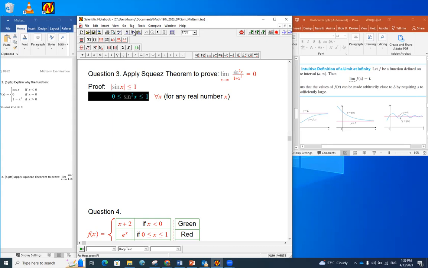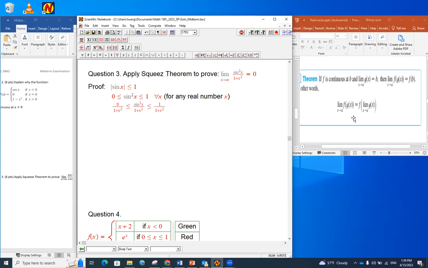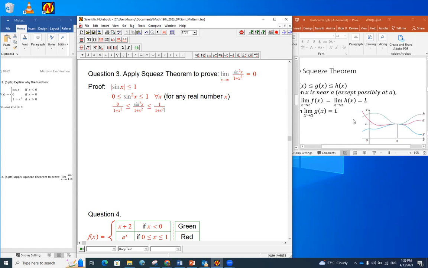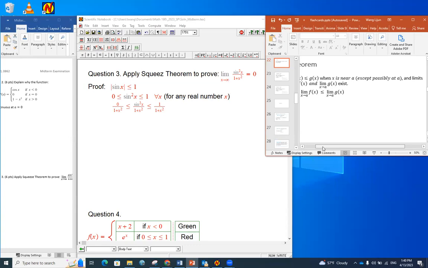So on all these sides, you divide every term by the same quantity, which is positive. In fact, we're using the property from before, the squeeze theorem. We're actually using this theorem here.